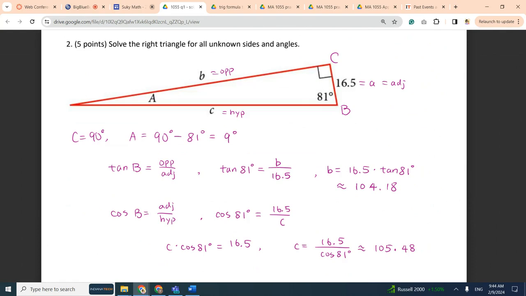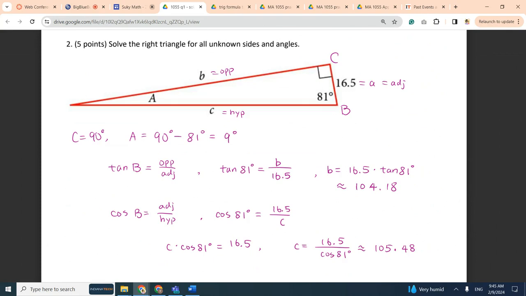Now you want to find the sides. This side we know. This is adjacent, and we want to find the opposite and the hypotenuse. You want to relate the unknown side and the known side. Therefore, this is opposite and this is adjacent. Which trig function? Tangent.